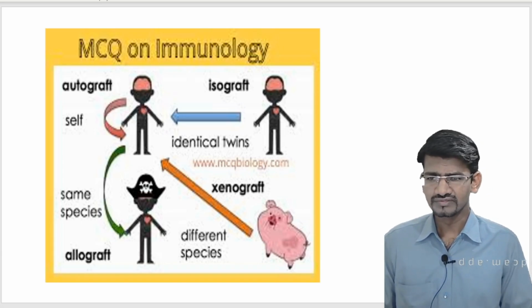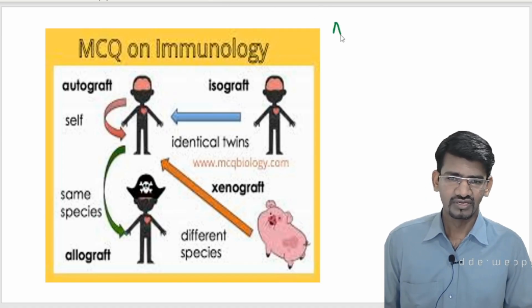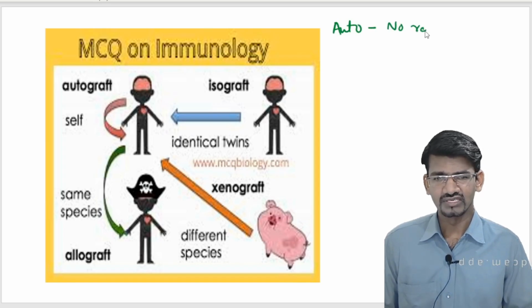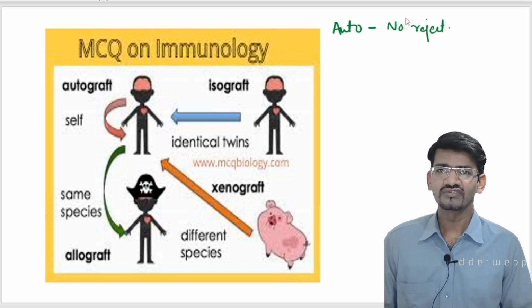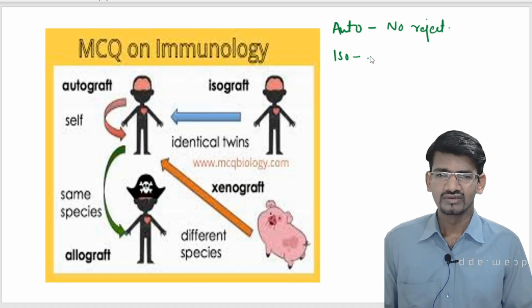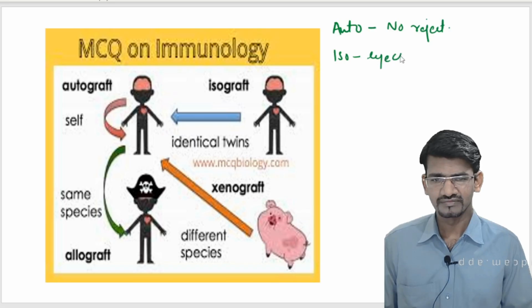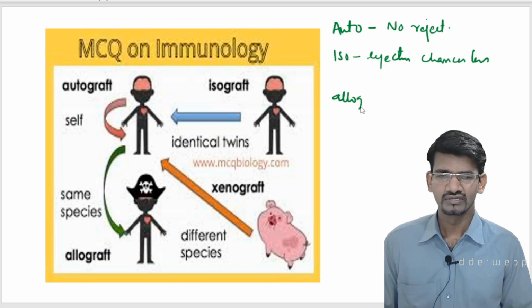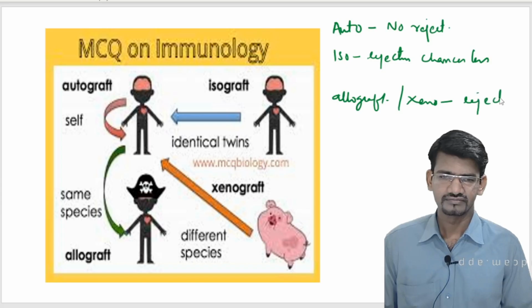See, out of all this, the autograft has no rejection. The better result we get is from autografting, and isograft also gives the best result. Rejection chances are less. But when it comes to the allograft and the xenograft, there is a higher possibility of rejection.